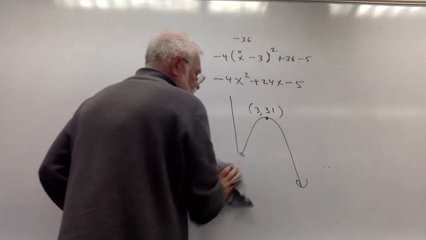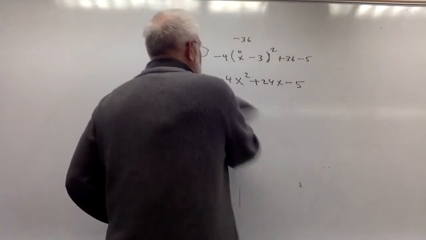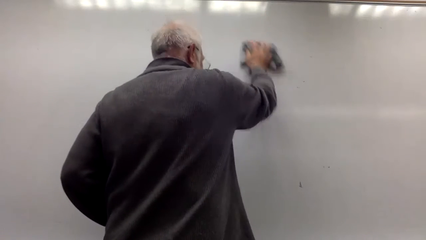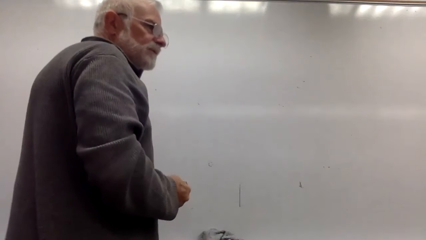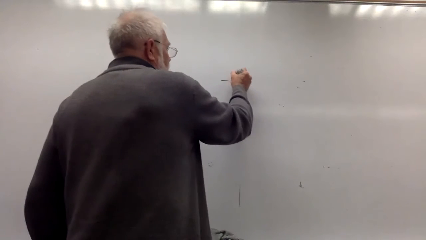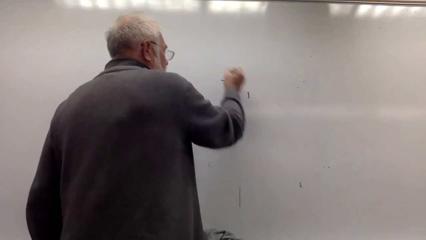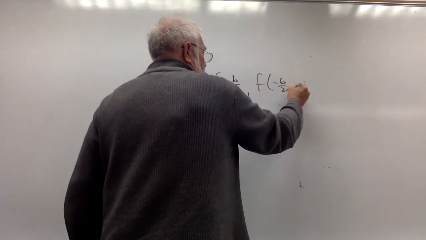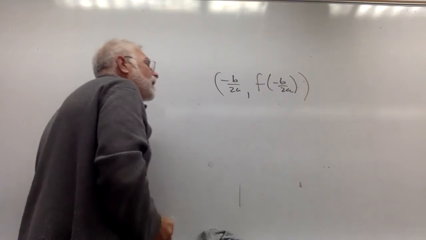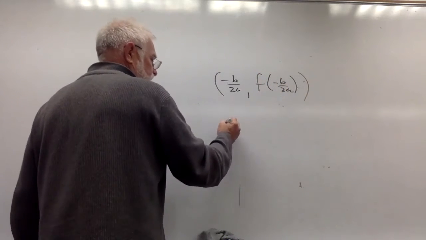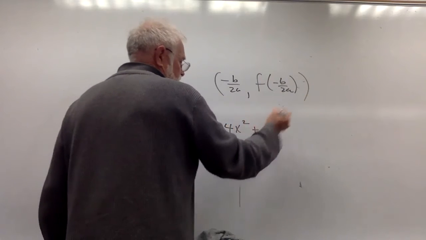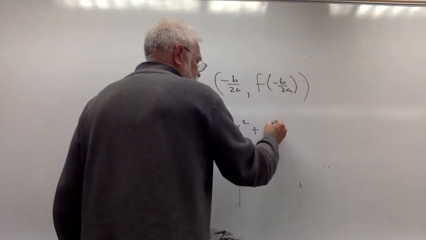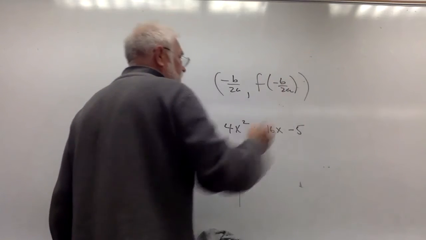Now, if a teacher's watching this by chance, not all students are able to do that quickly and easily. So you might want to revert to just the minus b over 2a. I found that everybody can do that, f of minus b over 2a. Not many students can't do that. So you take the a term, so let's take 4x squared plus something that's going to be simple, 16x minus 5, something like that.